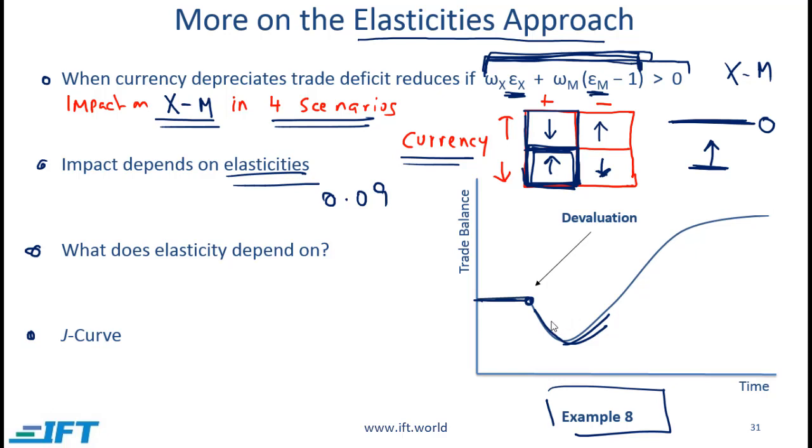And there are two ways of thinking about why this will happen. One reason is that if the currency becomes less valuable, the impact on imports is immediate, but the impact on exports will take some time to kick in. That's why initially x minus m actually goes down and eventually it will go up.